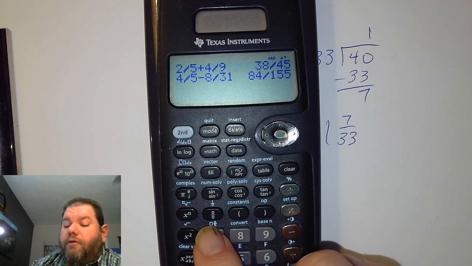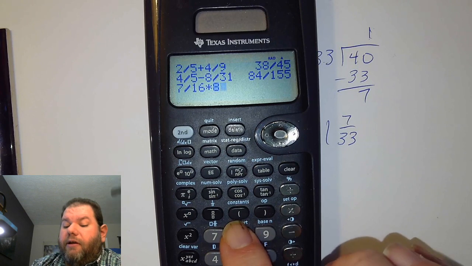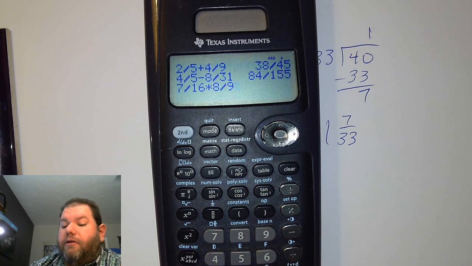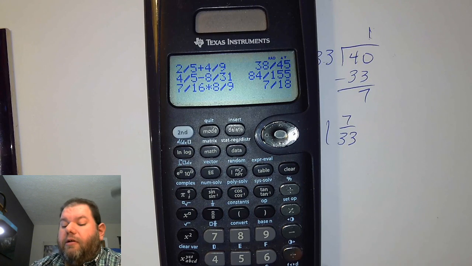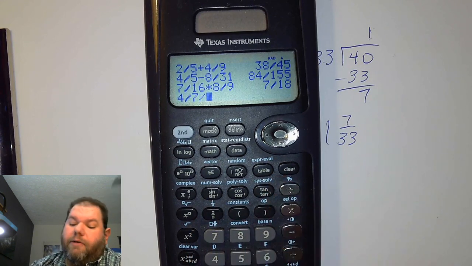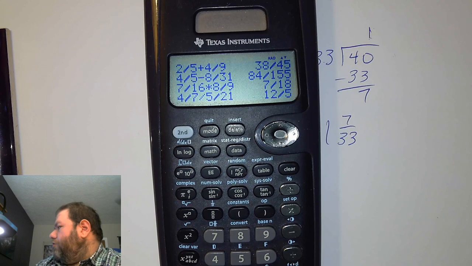If we were to do 7 over 16 times 8 over 9, we can easily multiply fractions. And if we did 4 over 7 divided by 5 over 21, again we can do our division.